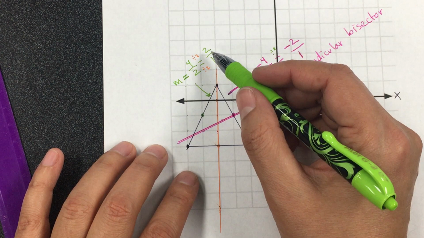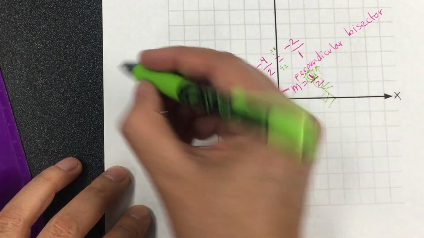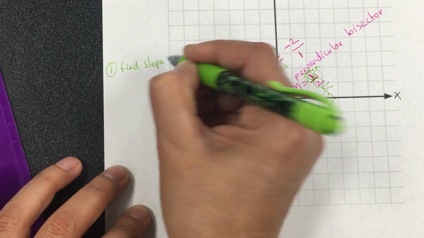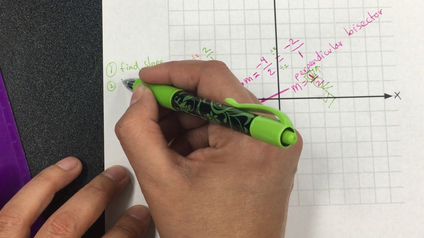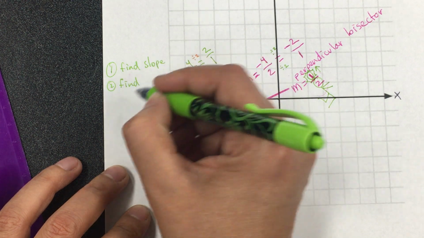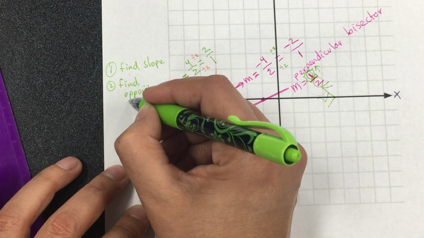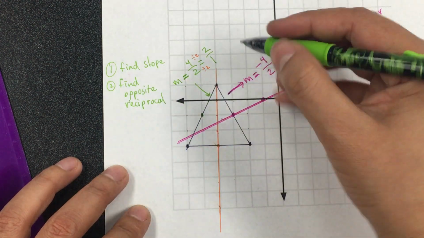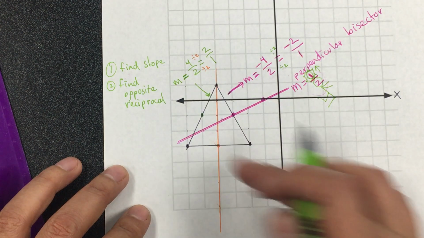Now, after I find my slope, the first step is to find the slope. The second part is to find the opposite reciprocal. And that's the one that I'm going to use for the perpendicular bisector.